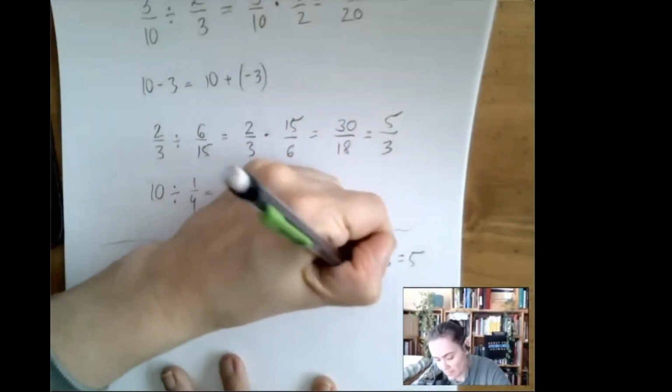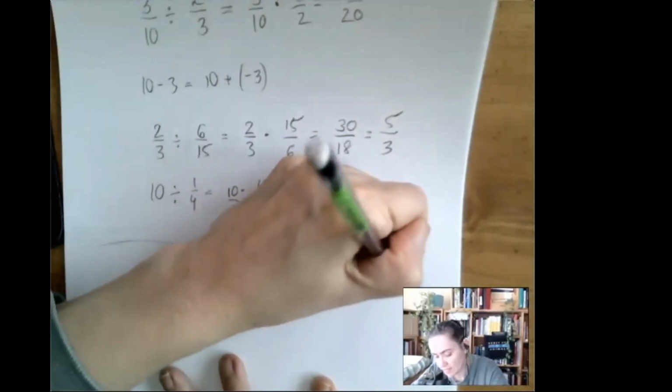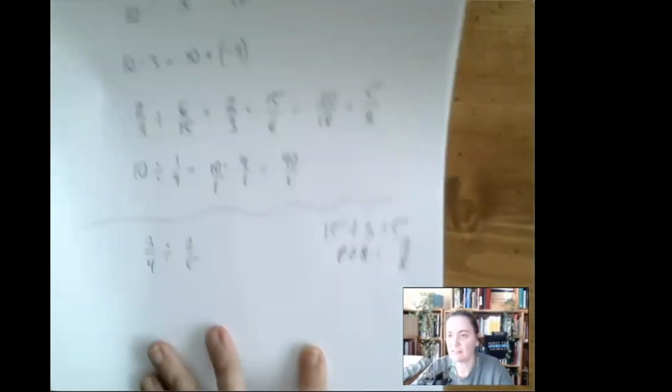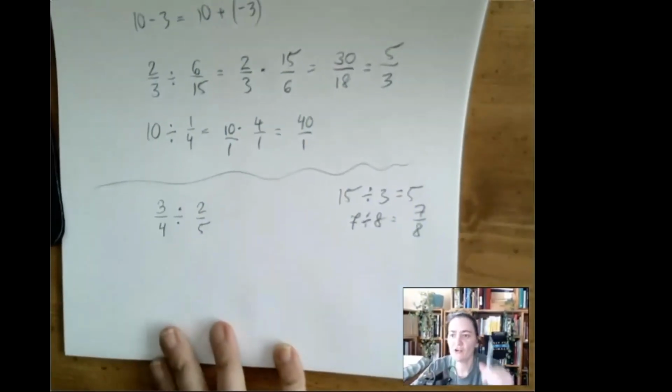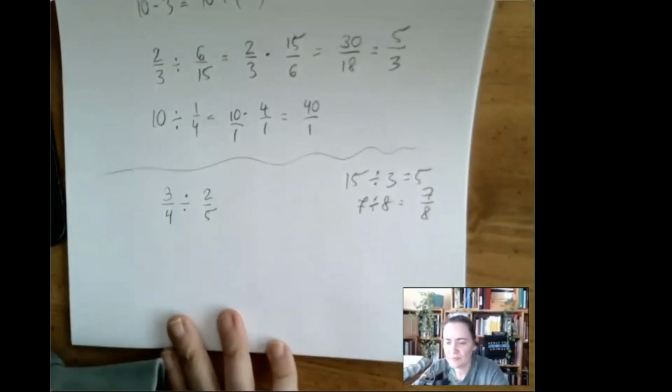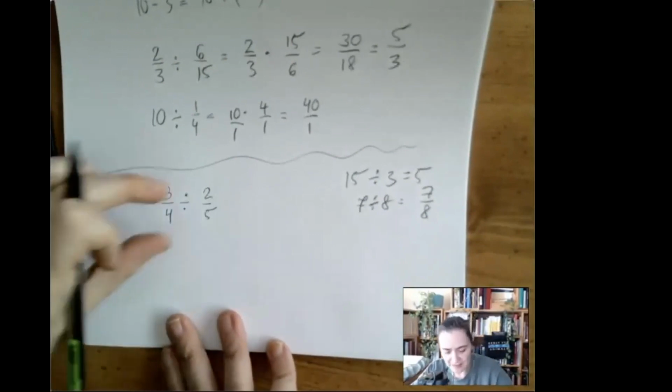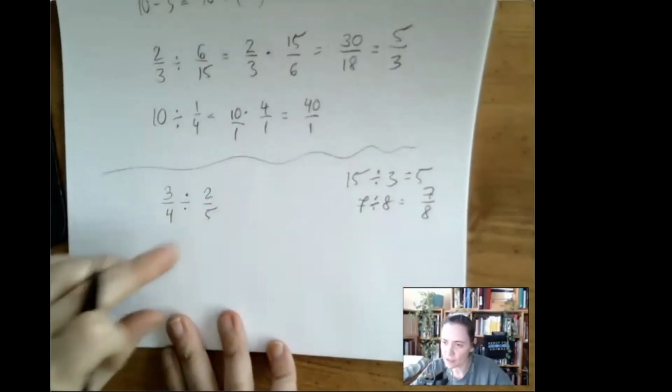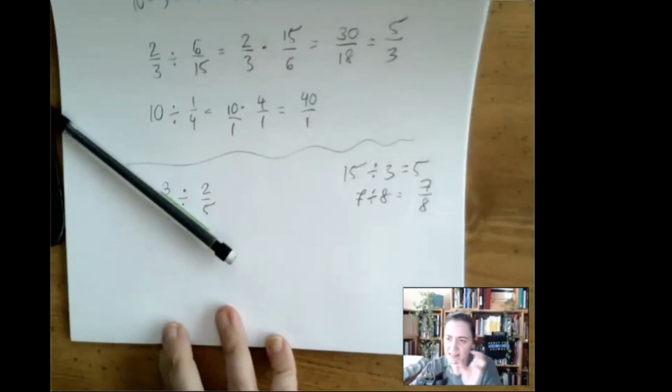Or if it's 7 divided by 8, we can say, well, that's what 7/8 means. So we could do that, but we can only do that if we have the common denominator. So if we express them with the common denominator, that means that the slices are the same size and we can just perform a division between the numerators.